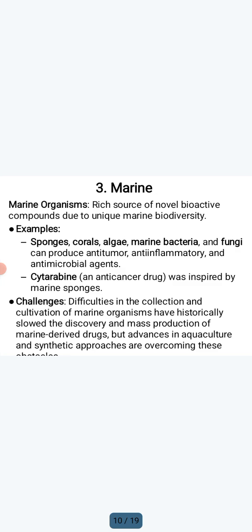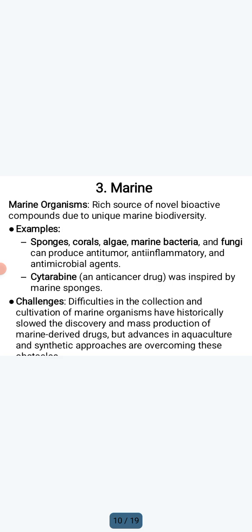And the third one, marine sources. Marine sources are rich in bioactive compounds, and novel bioactive compounds with unique biodiversity are present, especially in marine sources. For example, sponges, corals, algae, marine bacteria and fungi.